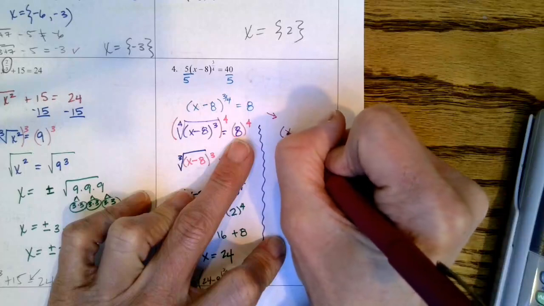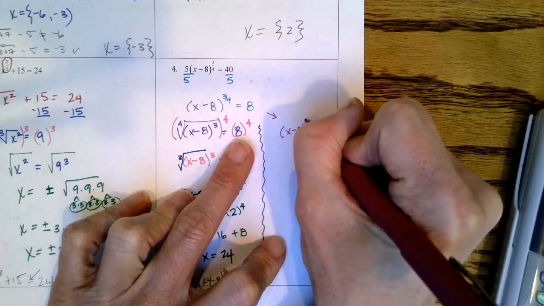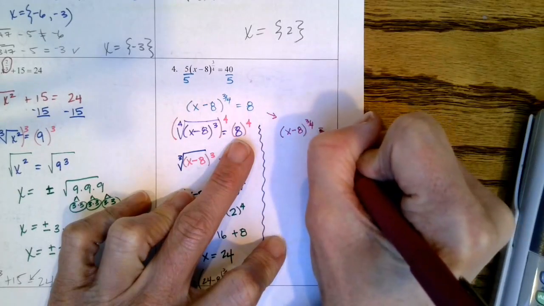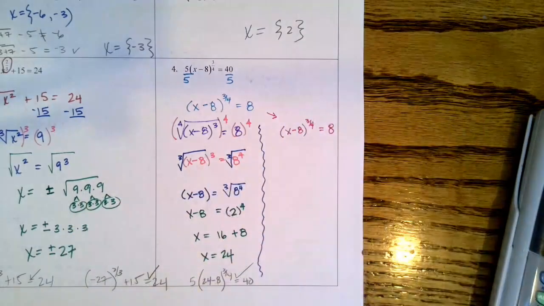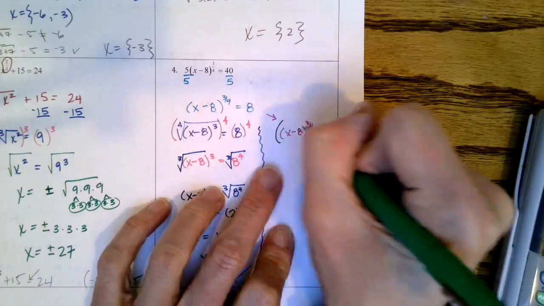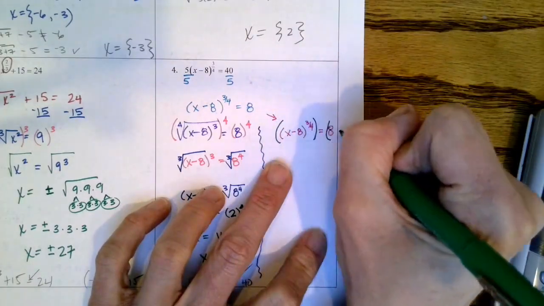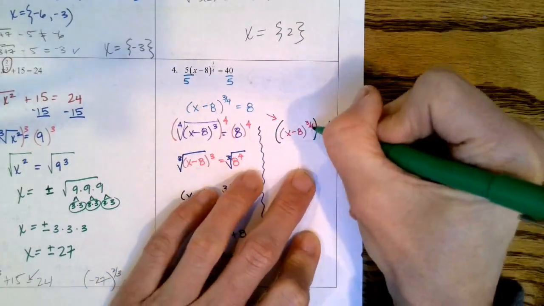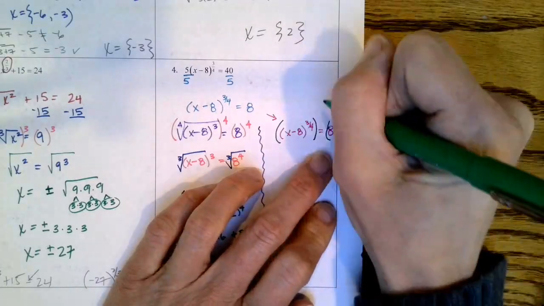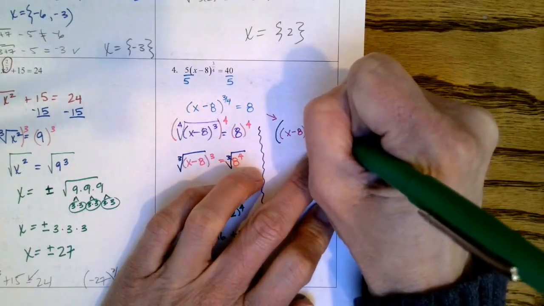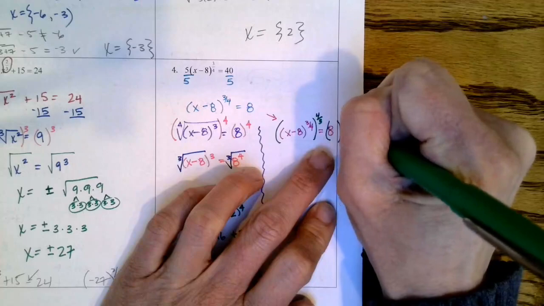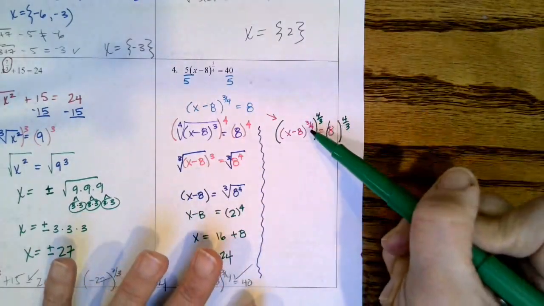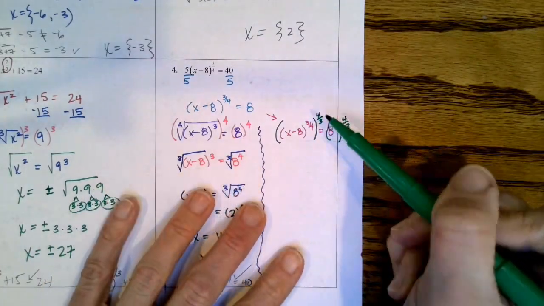If I raise this expression to a power that is its inverse, so think about this for a minute. If I take this whole thing, what is the inverse of 3/4? We should go ask Keith Berkeley if he can help us. Because the power of a power is very powerful.